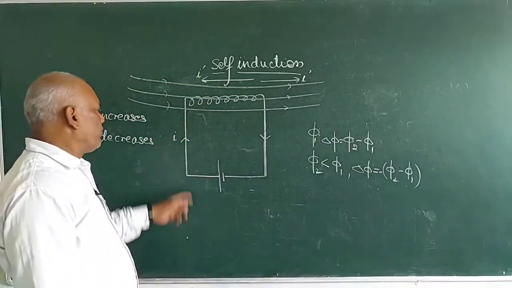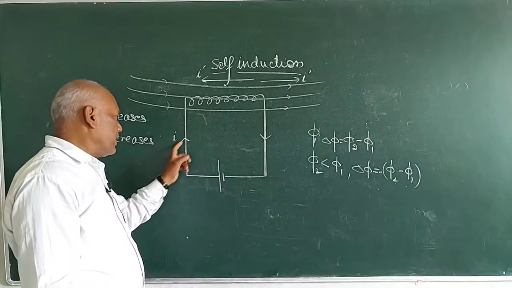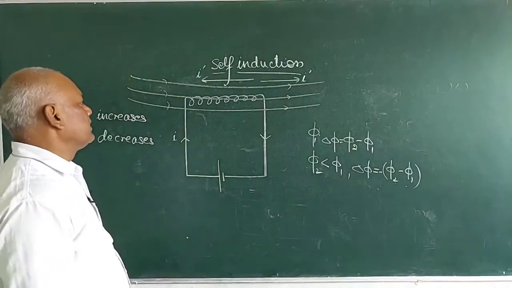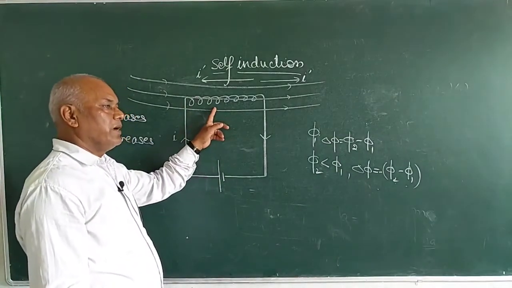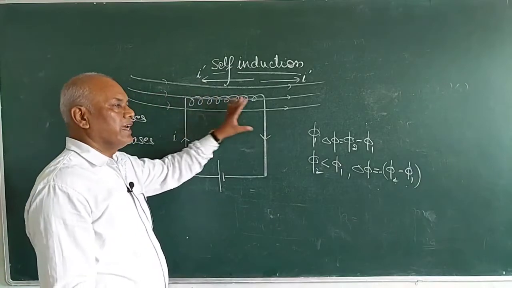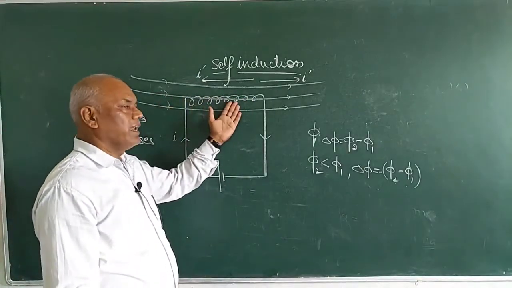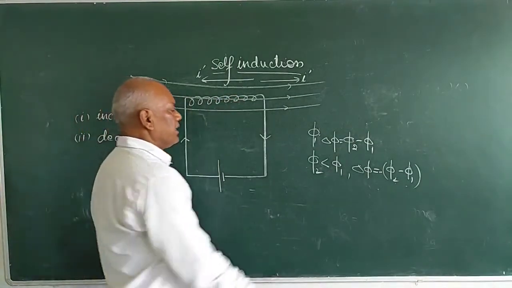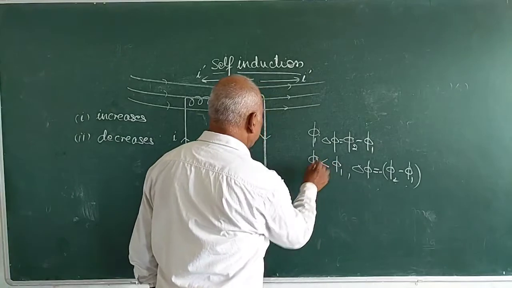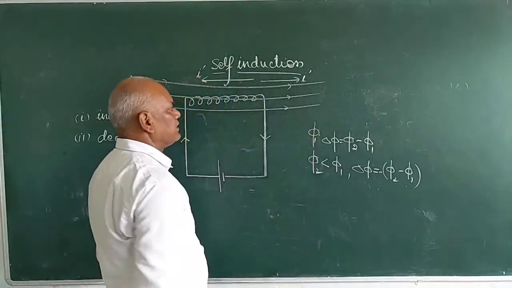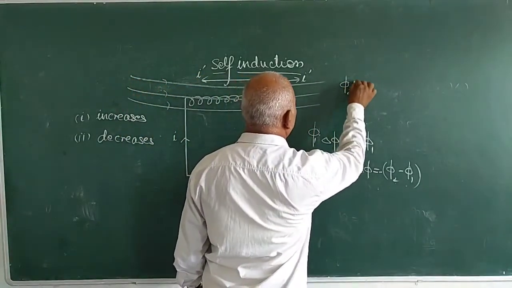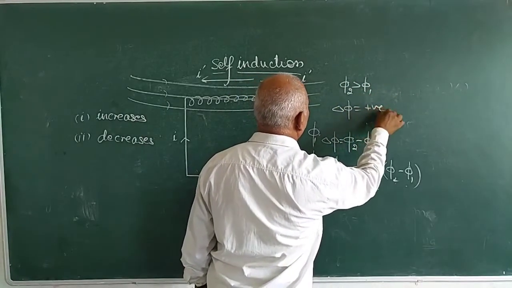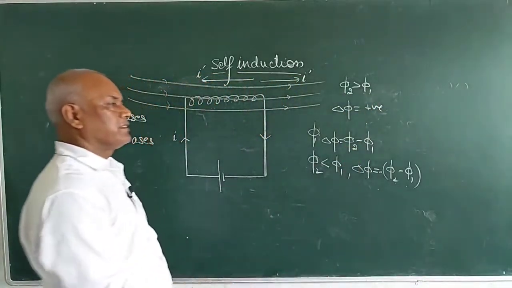After that, when this main current is suddenly increased, a sudden increment happens in the magnetic field lines. So the magnetic field lines increase, and then the magnetic flux phi 2 attached to the coil also increases. So in this case, phi 2 is greater than phi 1. Therefore, delta phi will be positive, because this becomes phi 2 minus phi 1.